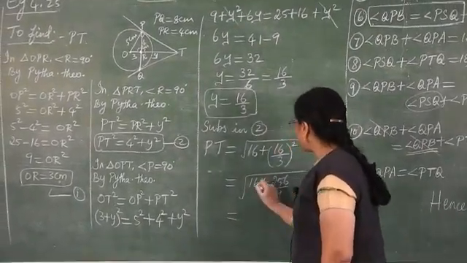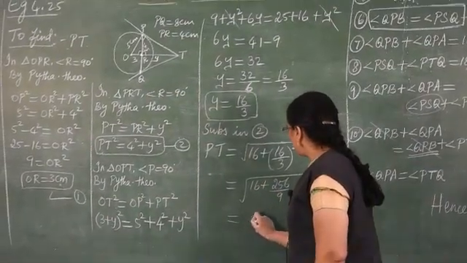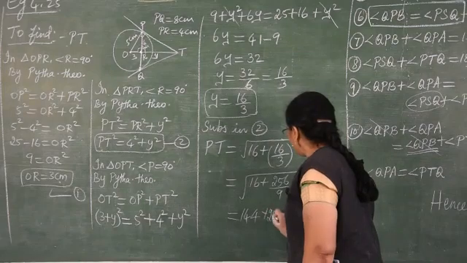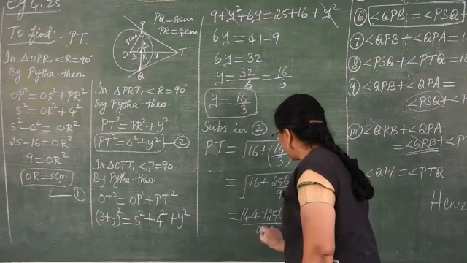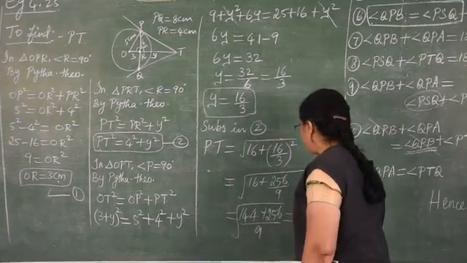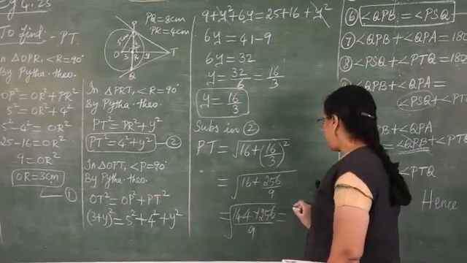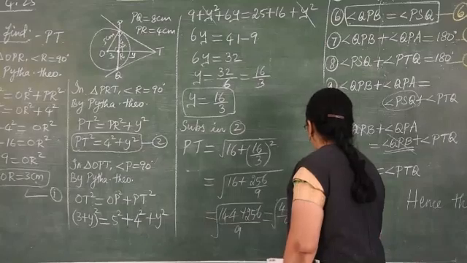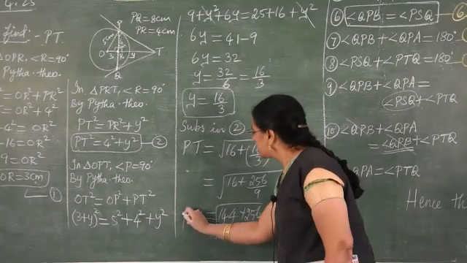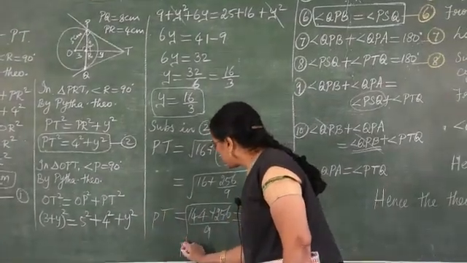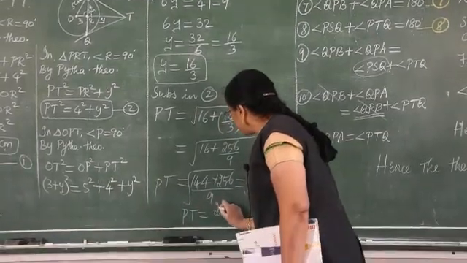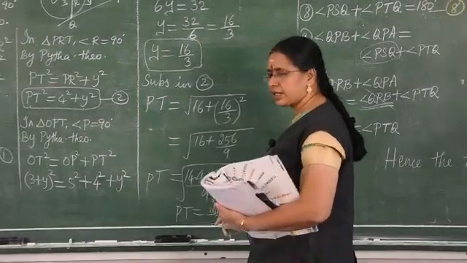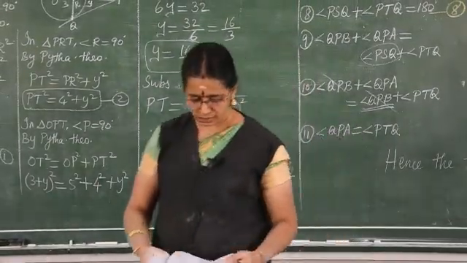Now take the LCM and multiply: 144 plus 256, whole divided by 9, under the square root. Adding gives 400 by 9, and the square root is 20 by 3. That is the length of the tangent. Therefore, PT equals 20 by 3 centimeter. You can write it as a fraction itself.